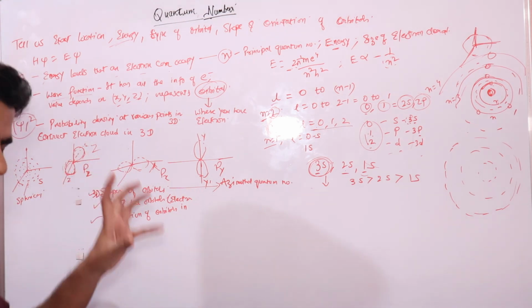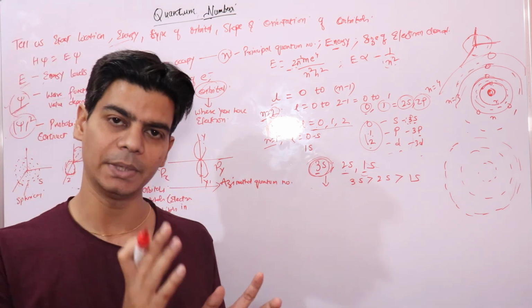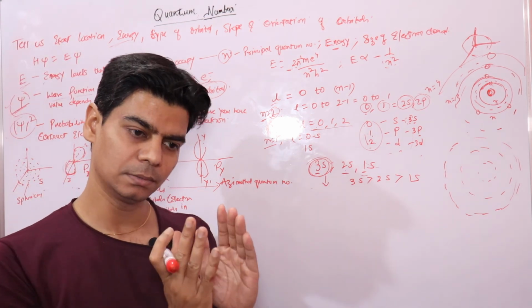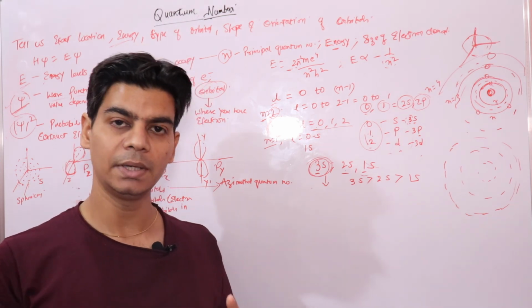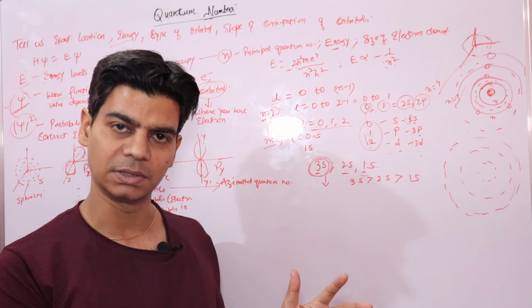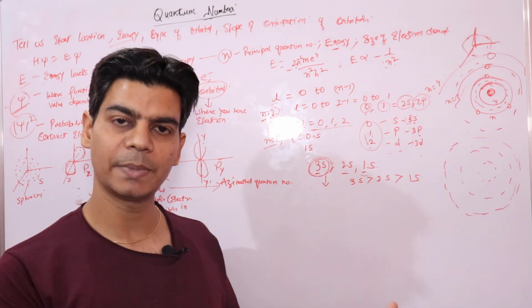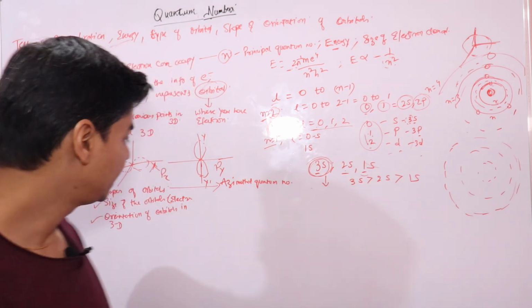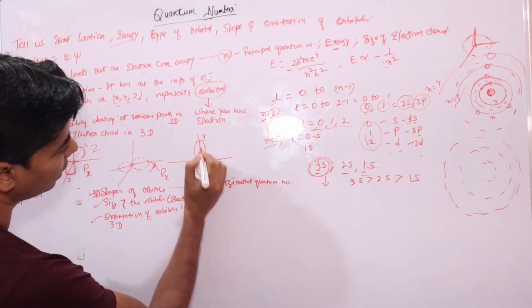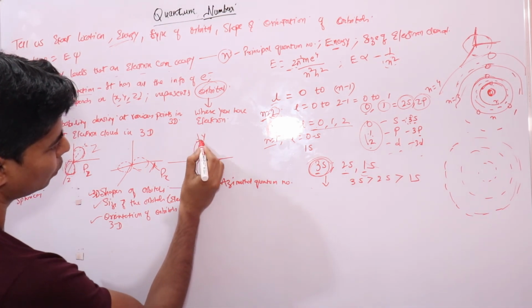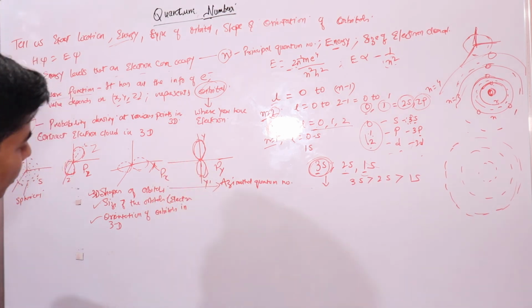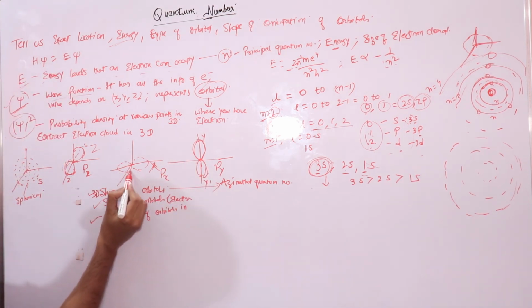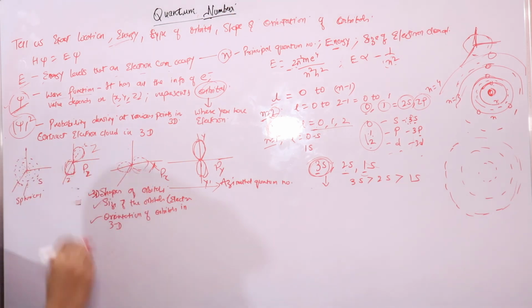When we draw it, we will see that the probability of finding an electron is more in some specific orientations than others. Like here, the probability is maximum in this orientation, and similarly maximum along this x-axis, rather than in any other orientation.